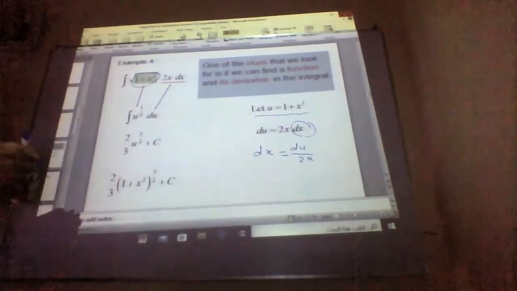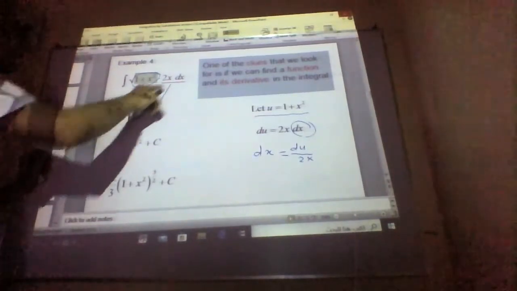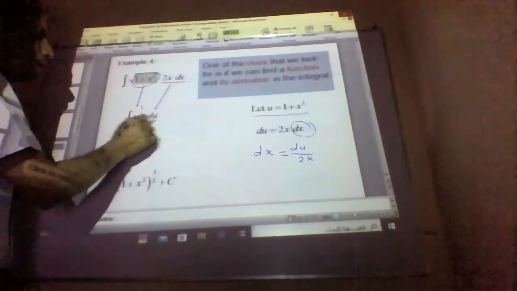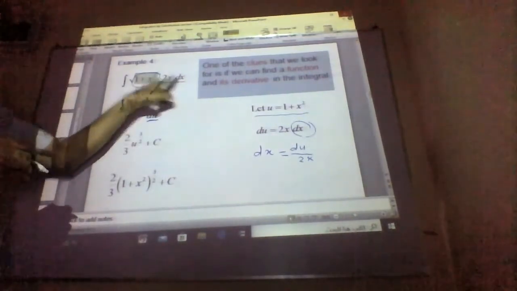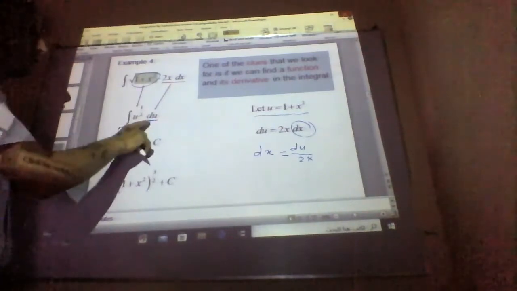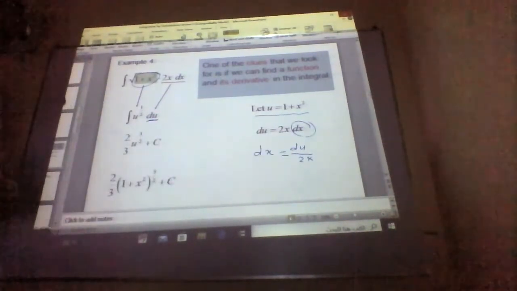By substitution, here u power half, and instead of dx we put du over 2x.